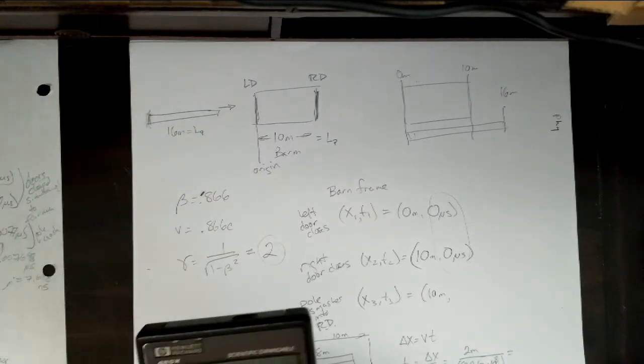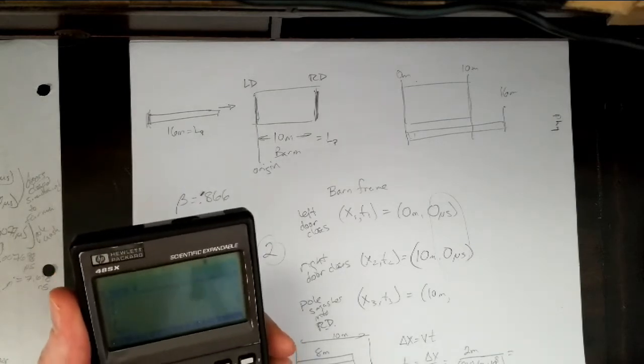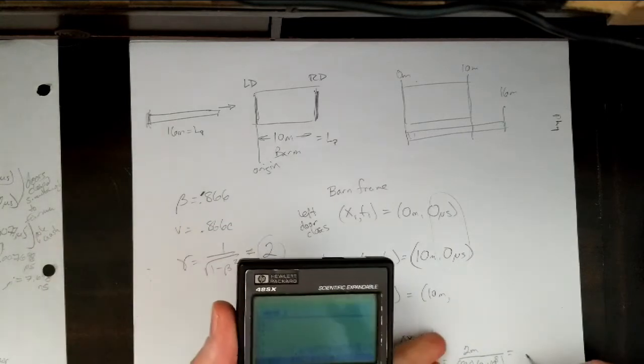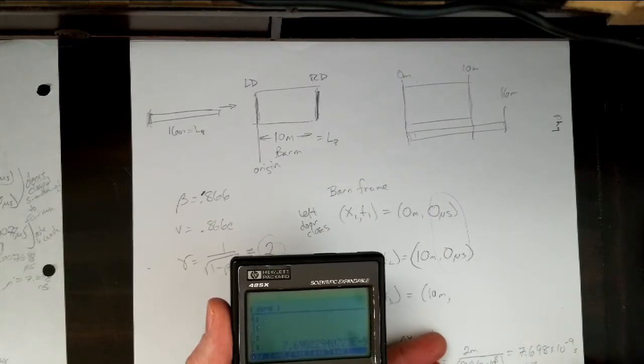You work that out on the calculator and we end up with 7.698 times 10 to the negative ninth seconds, which is 7.7 nanoseconds.